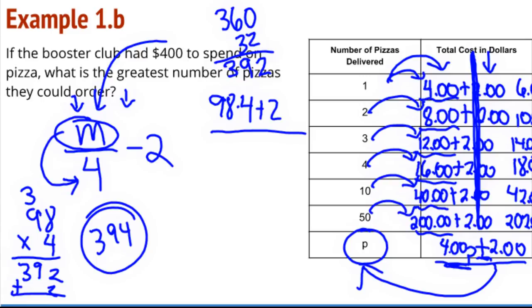$400 to spend on the pizza. Inverse operation. I want to subtract the 2. So I take off the delivery fee, divide by 4.